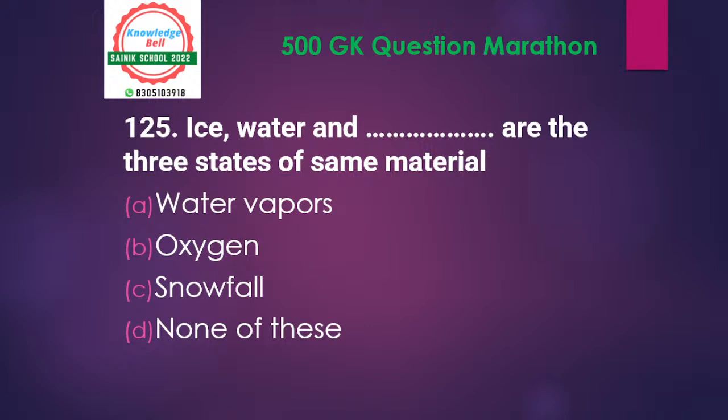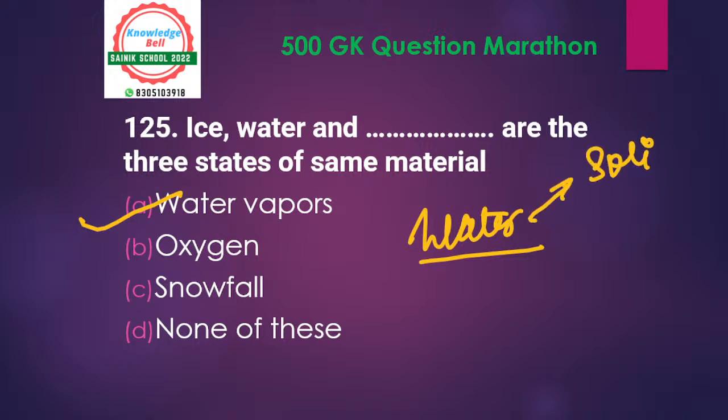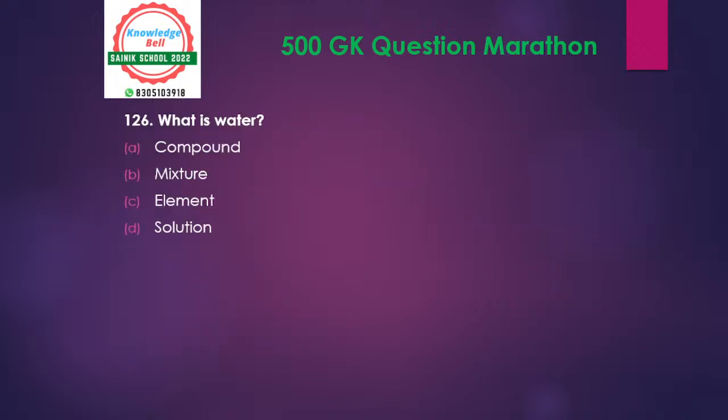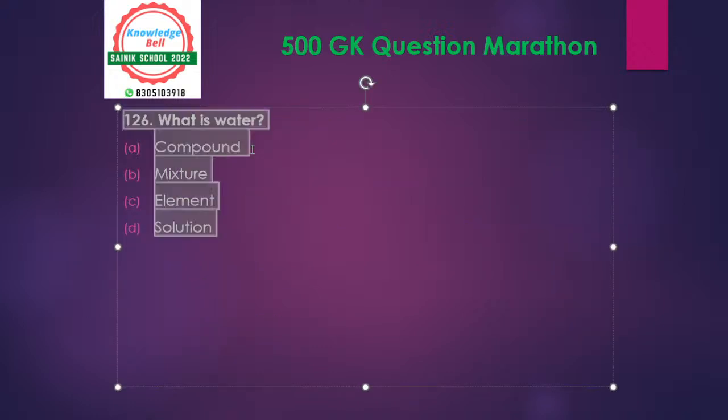What will be the correct answer? Water vapor. There are three states of water: solid water, that is ice, then liquid water, and then the gaseous form of water, which we call water vapor. Yes, I only told the answer for the previous question, Mehul.